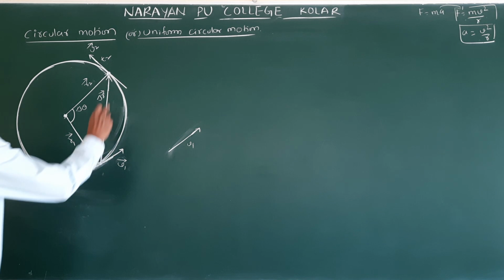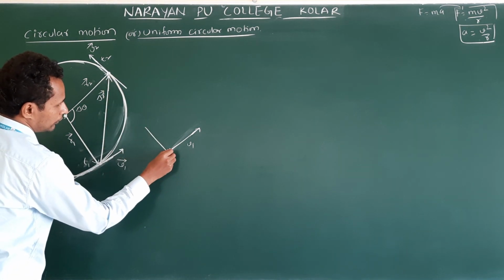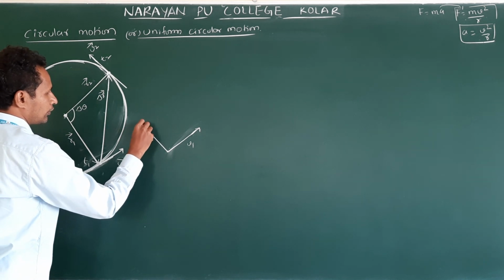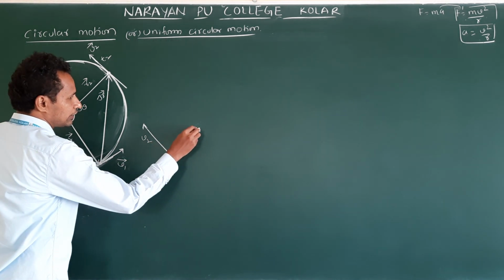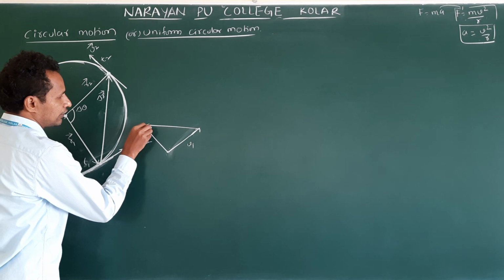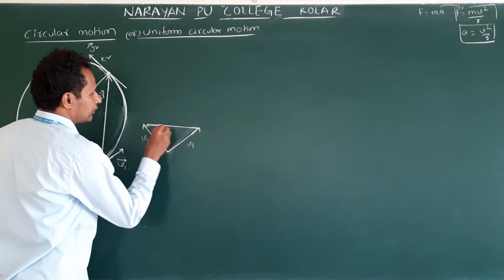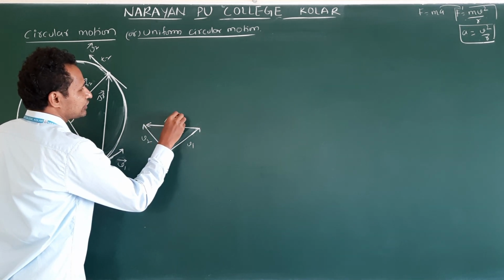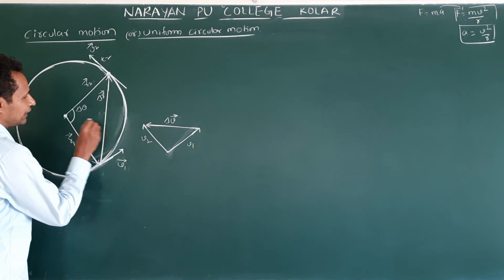Next, this one is V2. Tail, head and closing side. This is delta V, the change in velocity vector.